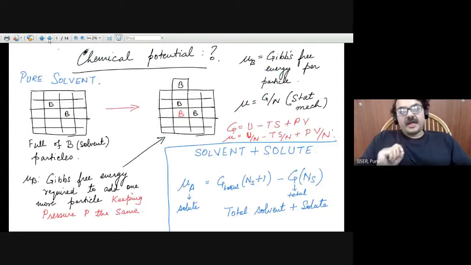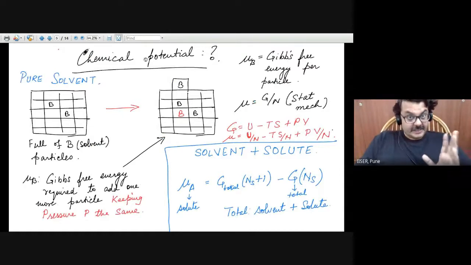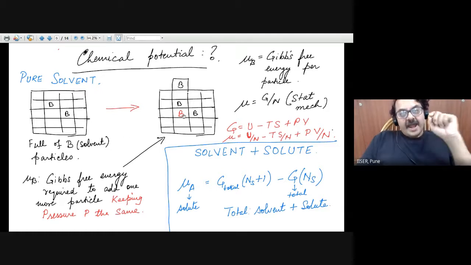But before I go ahead, let me discuss a bit about what the chemical potential is, especially of a pure solvent. Now, suppose this was your lattice with n sites and this entire lattice is full of B molecules. And now you add an extra B molecule in the bulk of the solvent, right?